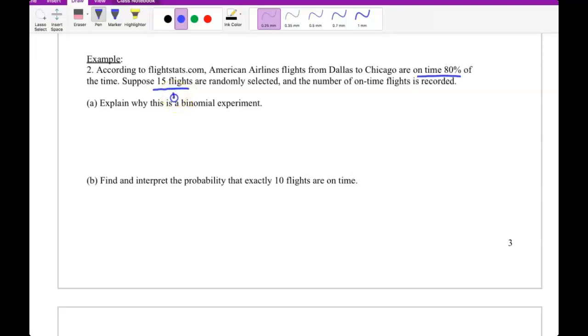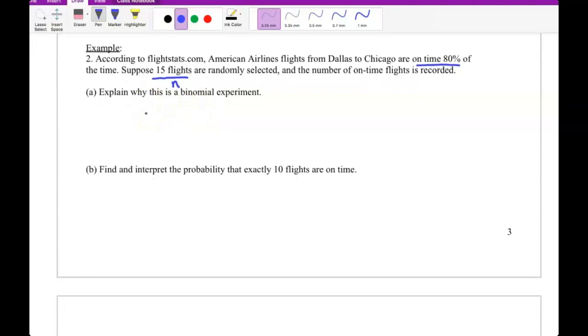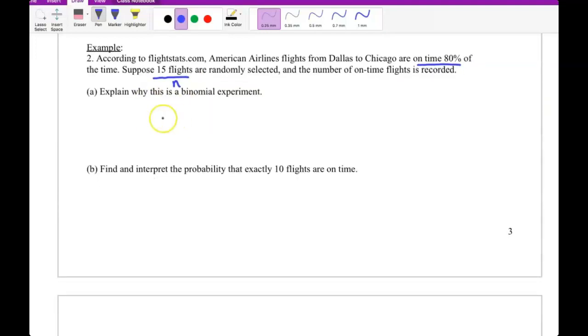That is, the number of trials n is 15 flights randomly selected, and the number of on-time flights is recorded. Part A, explain why this is a binomial experiment. Again, first step, we have a fixed number of trials, and that is equal to 15. Here we have 15 flights.